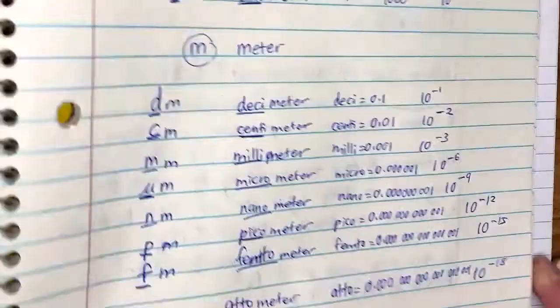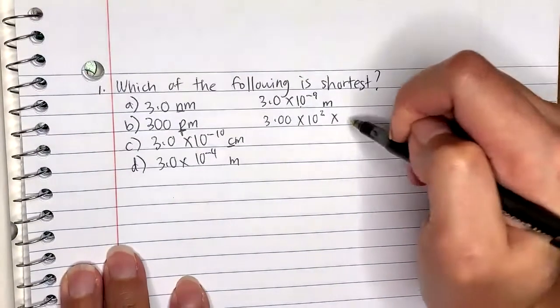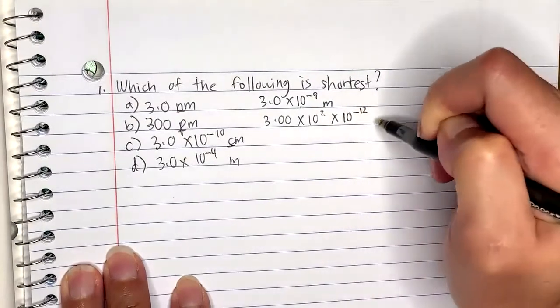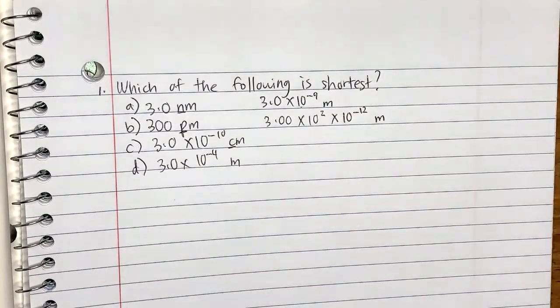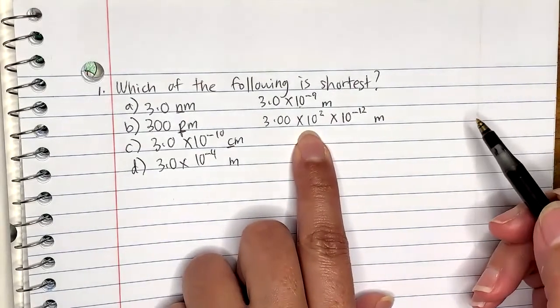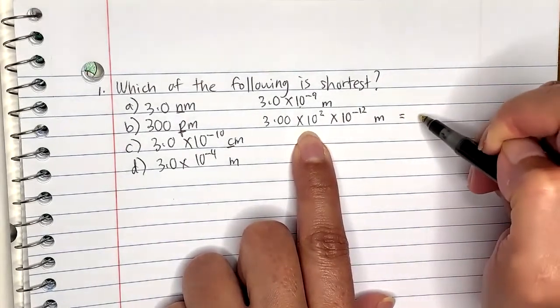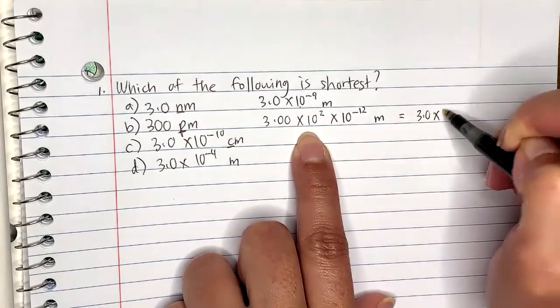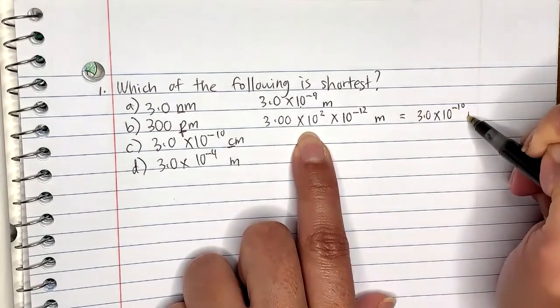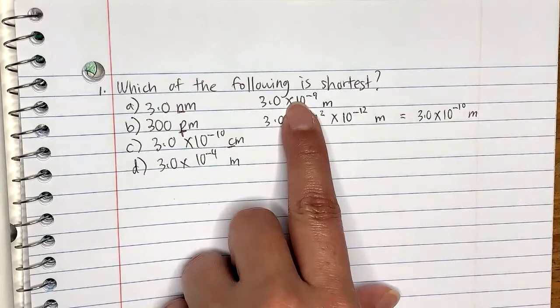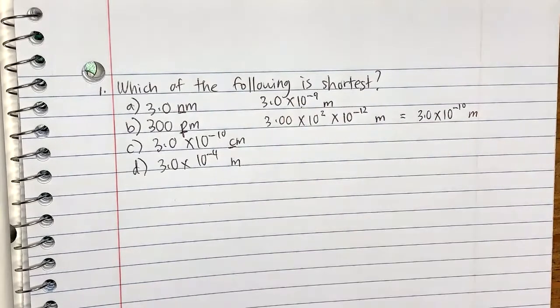So I'm going to say 10 to the minus 12 meter. Now when you have 10 to the minus 12 times 10 to the power 2, that equals 3.0 times 10 to the minus 10 meter. Okay, so here's 10 to the minus 9, here's 10 to the minus 10.